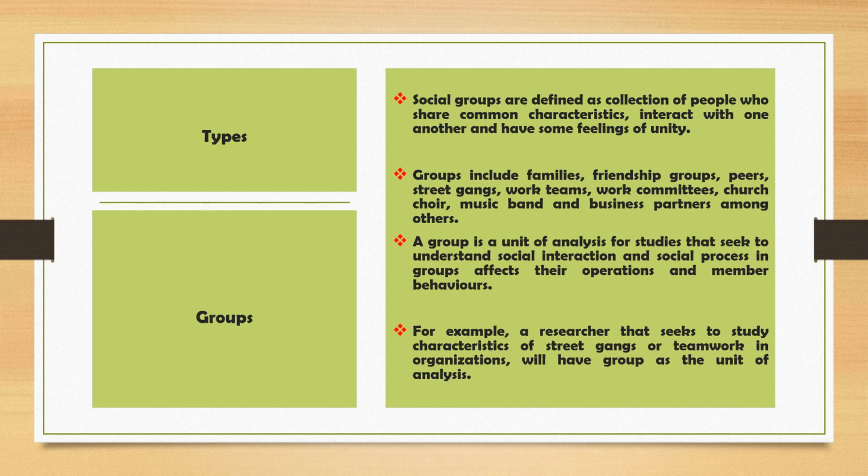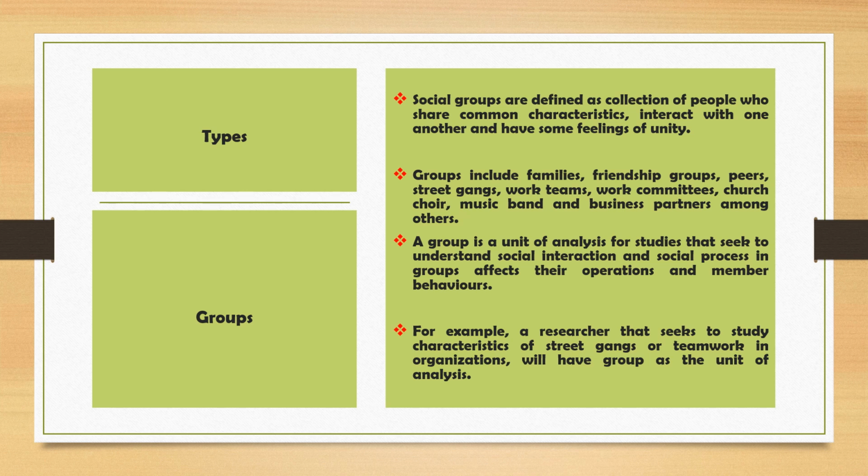Another important level or type of unit of analysis is called groups. And by groups, we mean a collection of people who share common characteristics, interact with one another, and have some feelings of unity. The smallest group comprises 2 people, and the biggest group has an indefinite number.